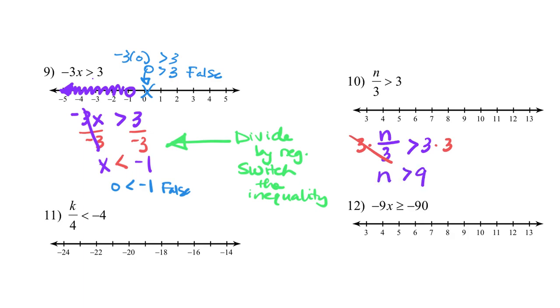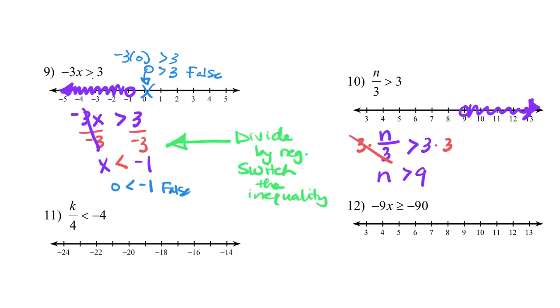So I'm going to find 9 on my number line, and so I'm looking here, I see 9. It is not included, so I have an open circle, and this is a greater than, so I'm going to be shading everything to the right. So all of these values to the right make this original inequality or this simplified inequality true.